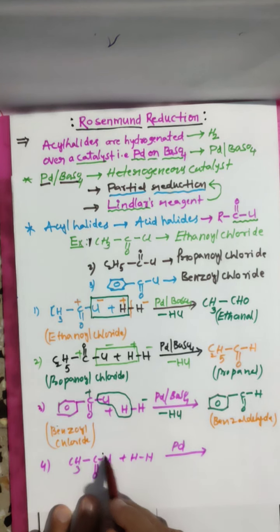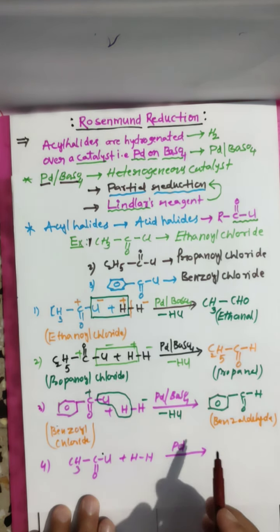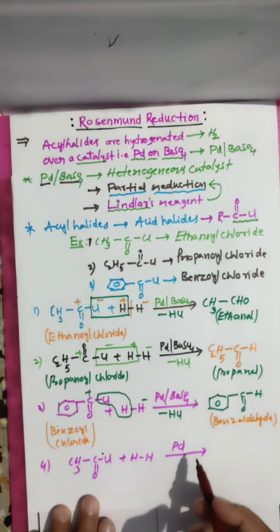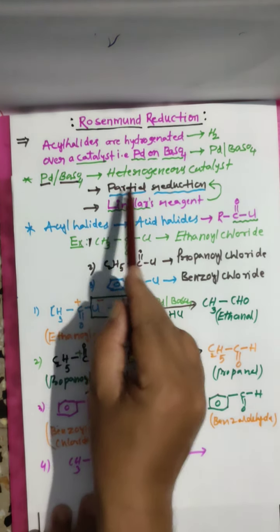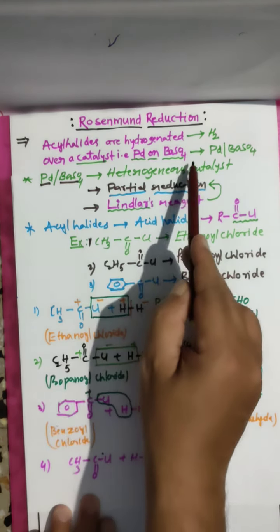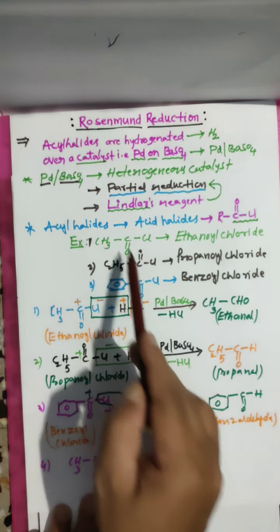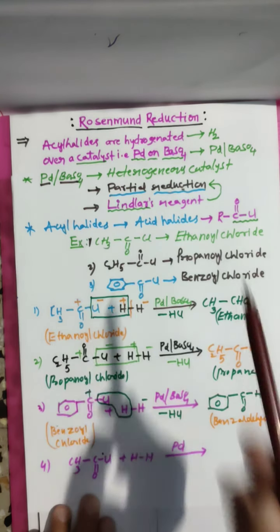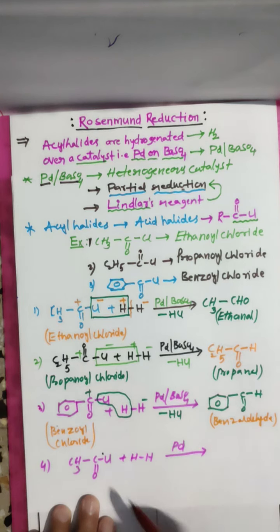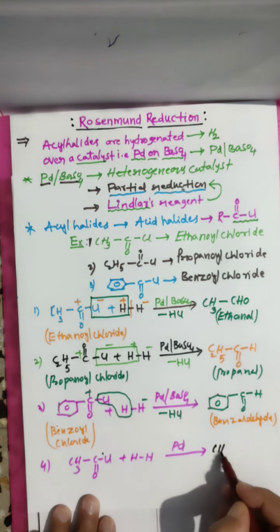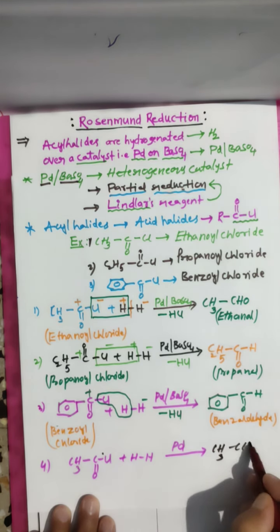What you are getting? Alcohol. So as usual, HCl is removed, no doubt. But palladium on barium sulfate, Lindlar's reagent, gives only partial reduction, up to aldehyde. But here you are getting alcohol.